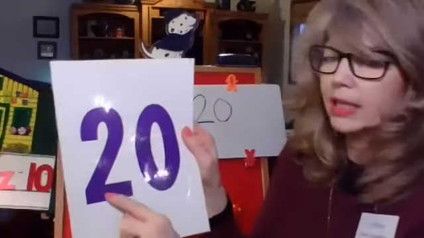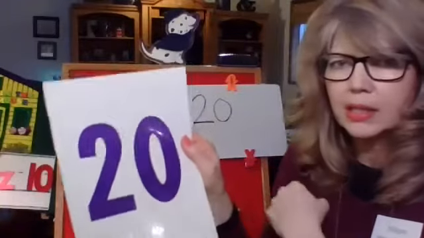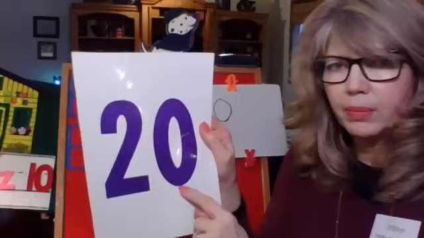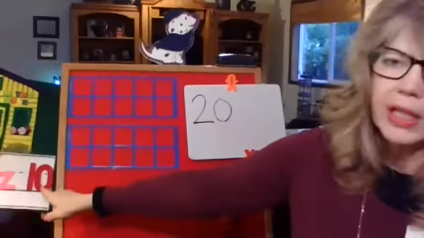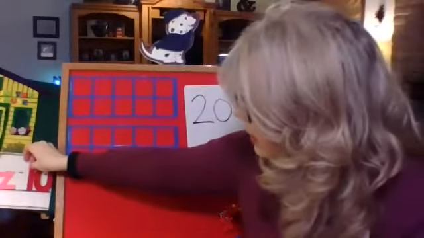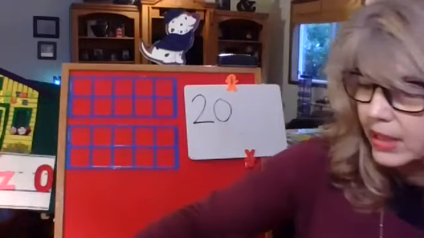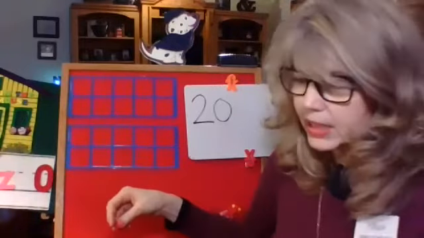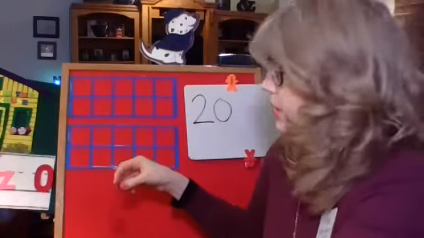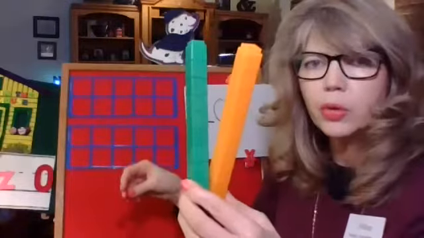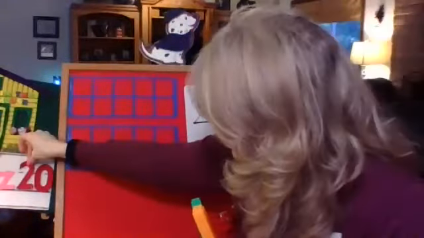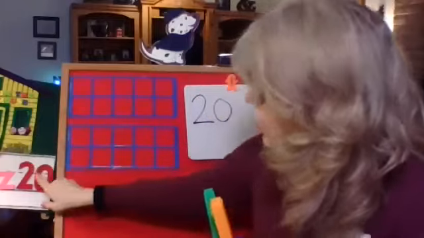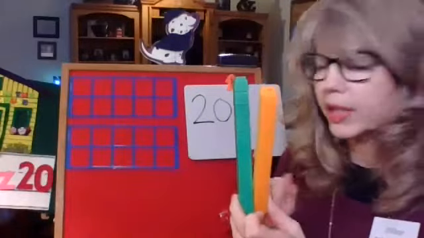We had 2 10s and how many ones? 0 ones. We made the number 20. So let's change our number over here from 10 to 20. So to make 20, remember, what did I just have? I had 2 10 sets. So I'm going to put the 2 on there. And no 1s. I had no extras over here.